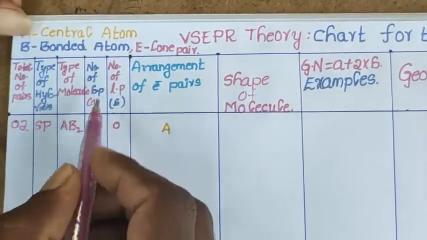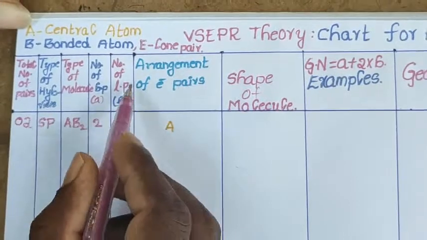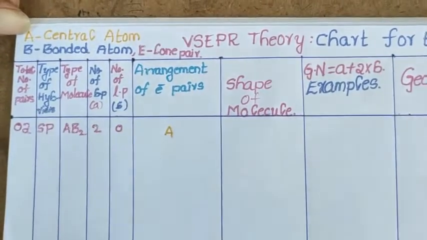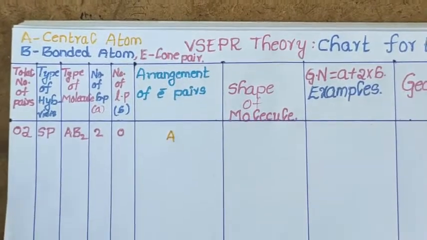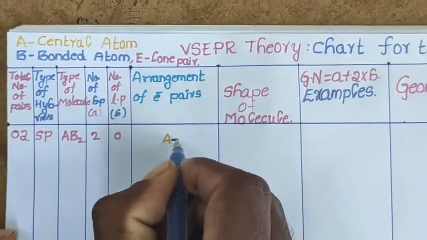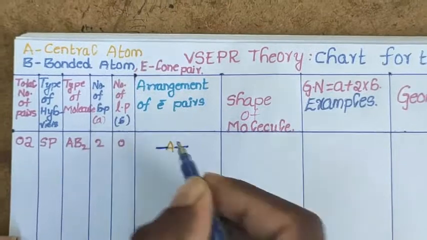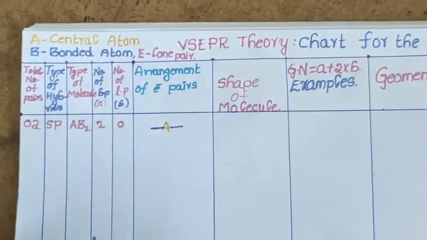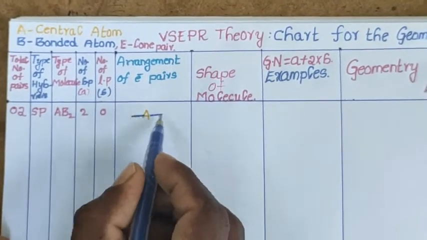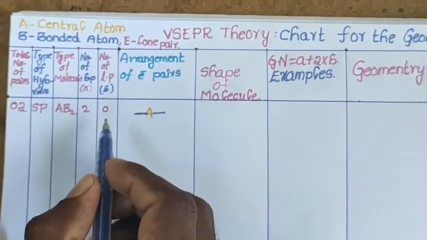In those, how many bond pairs? 2 bond pairs. How many lone pairs? 0 lone pairs. This is the arrangement. A is the central atom. These two are bond pairs.